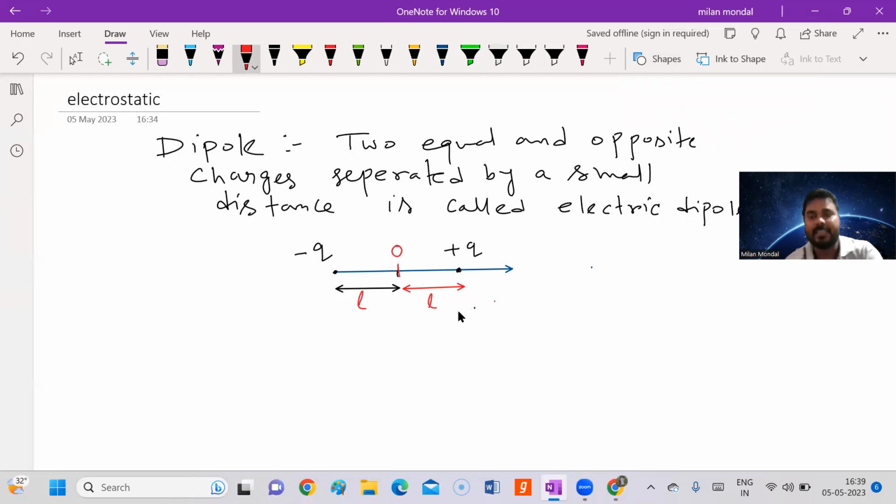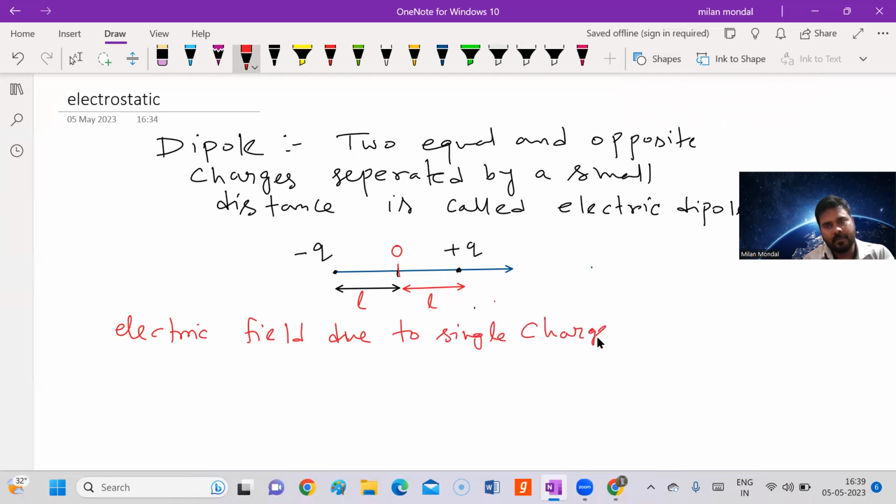And why take this dipole? In electrostatics, we already know the electric field due to a single charge Q at a distance R. We know that the electric field is nothing but kq by r square, where k is 1 by 4 pi epsilon naught.